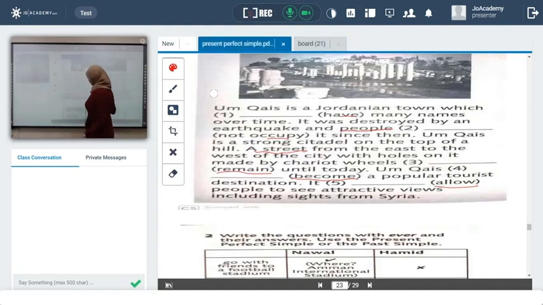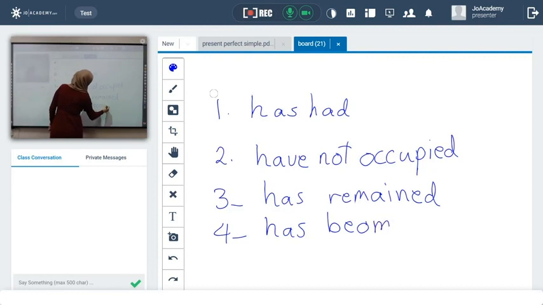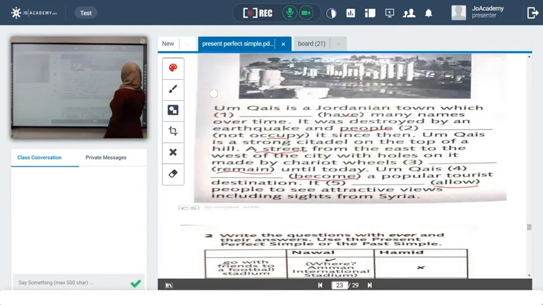Now, number 4. Qais become a popular tourist destination. Qais, it, what? Has become a popular tourist destination.